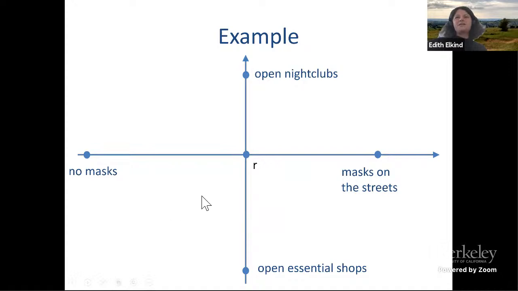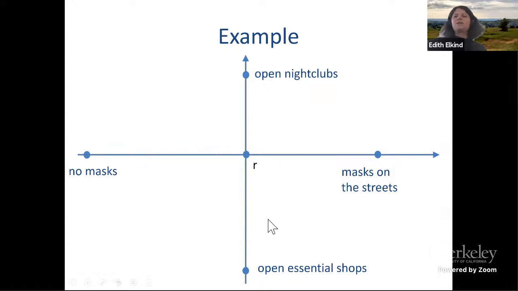And there's another axis, which is the masking axis, and that ranges from no masks whatsoever, no mask mandate of any kind, to masks everywhere, including on the streets and in the parks and on the beaches. So suppose we are, I'm not sure, we are all geographically distributed, so let's think of the point R as, for instance, the UK in December, which would be somewhere halfway between these two extremes on both axes.